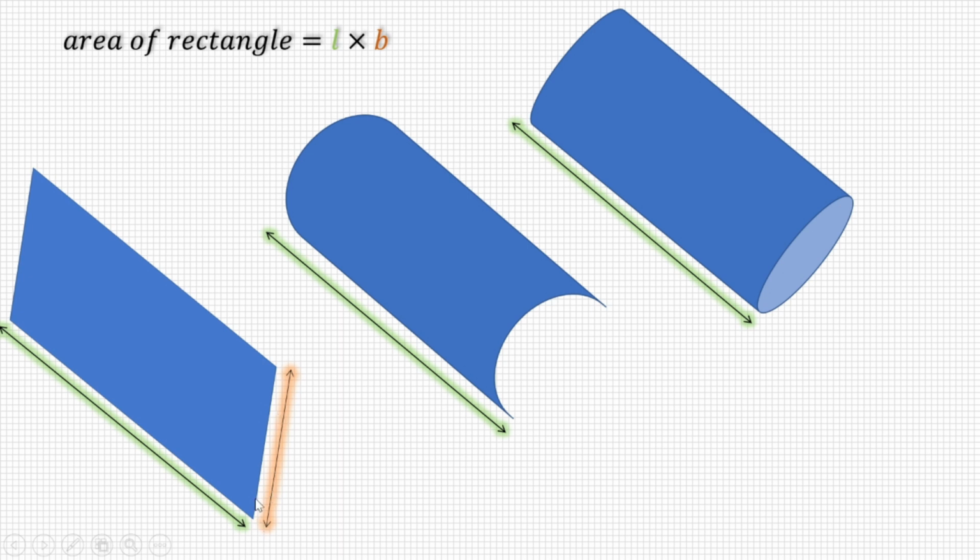Just see what happens to this B when we are rolling it up. This B is going this way, and when we join it, it gets joined to this. So it is actually like this. So this B actually became the circumference of the circular face of the cylinder. That means 2 pi r.